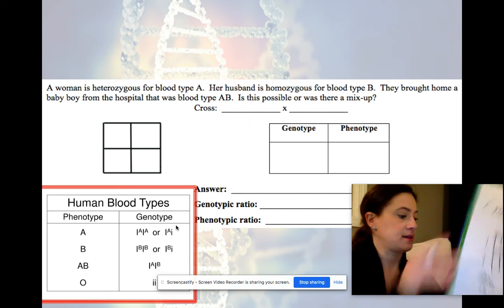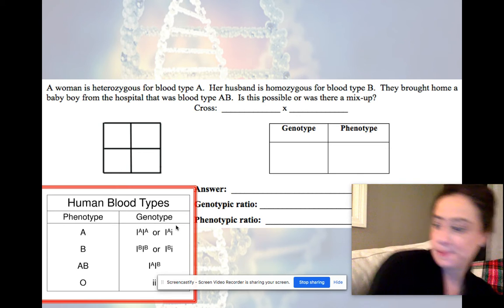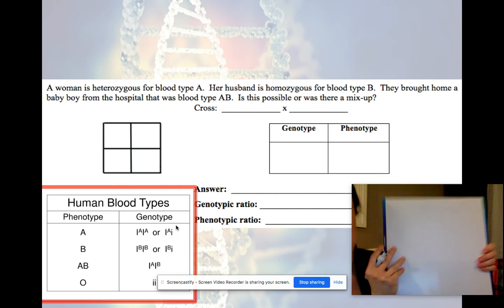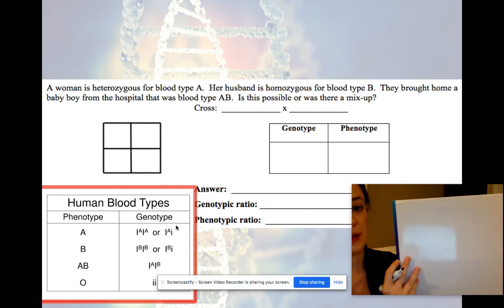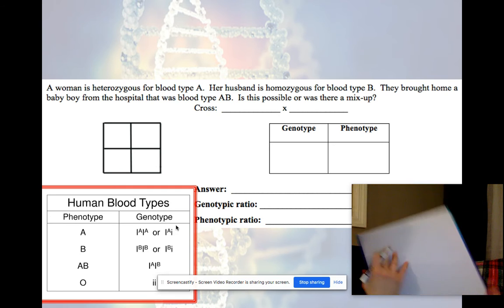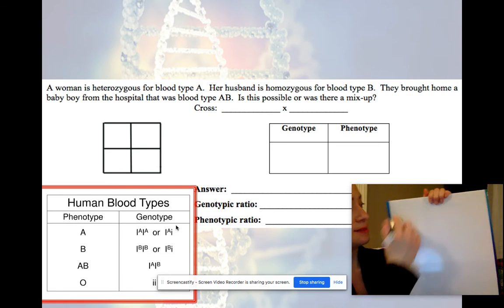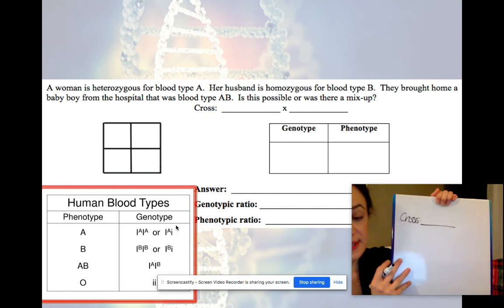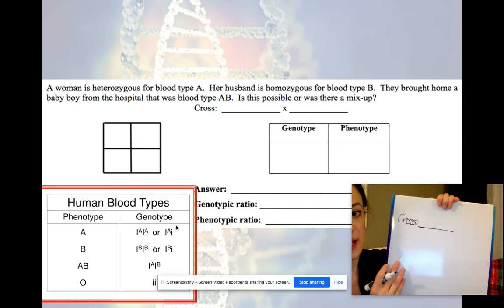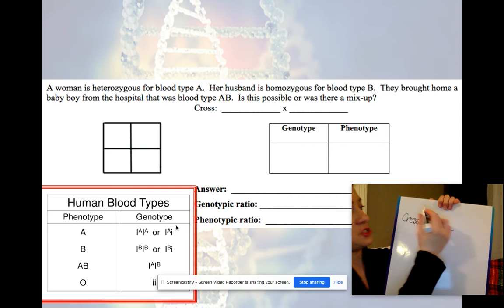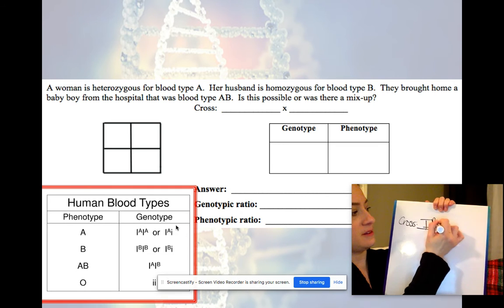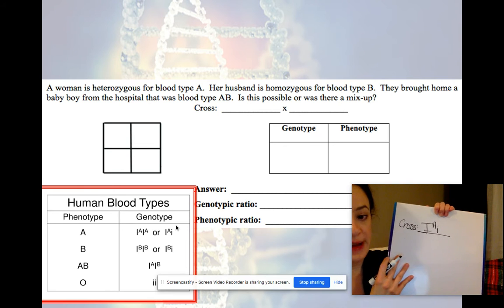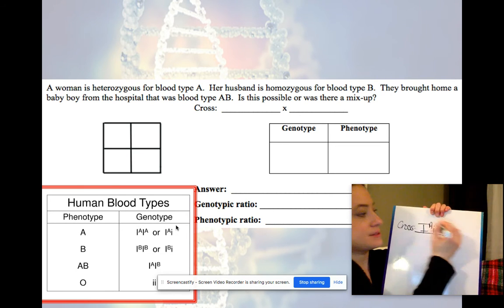Here's another example. So let's go to this example. A woman is heterozygous for type A blood. Okay, so here is this. So let's do this cross. If she's heterozygous for type A blood, she has two different alleles, and her husband is homozygous for type B blood.